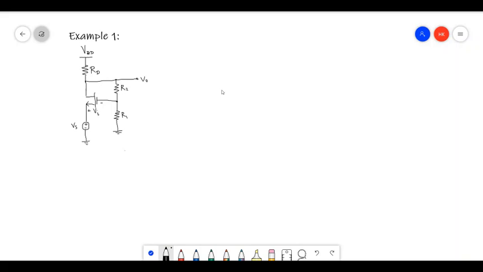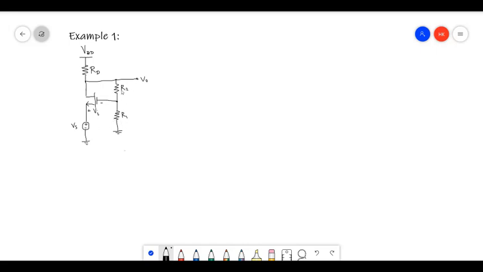Okay, so now I'm going to work out an example, a voltage amplifier, and let's see how we can calculate the closed loop gain, input resistance and output resistance. So this is our circuit. We have a MOSFET here and RD resistor, and this is the feedback part, R2 and R1.